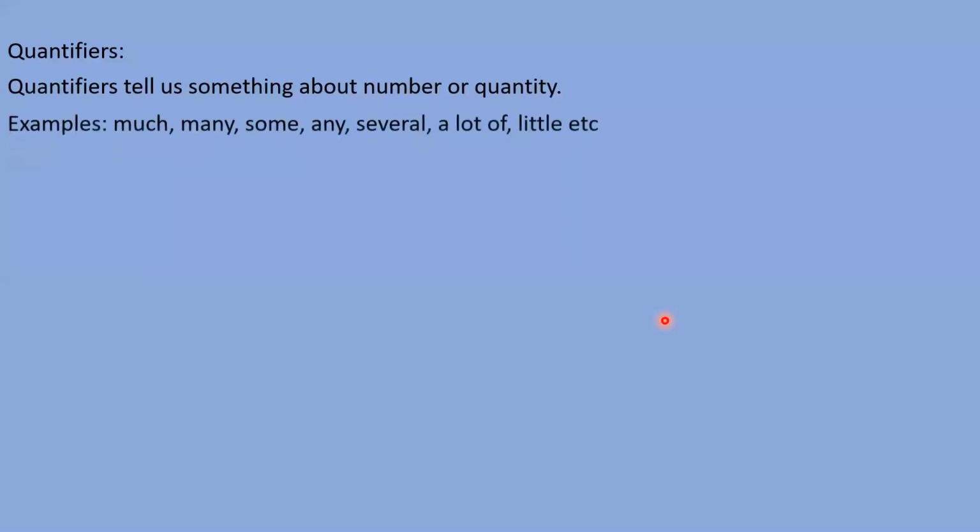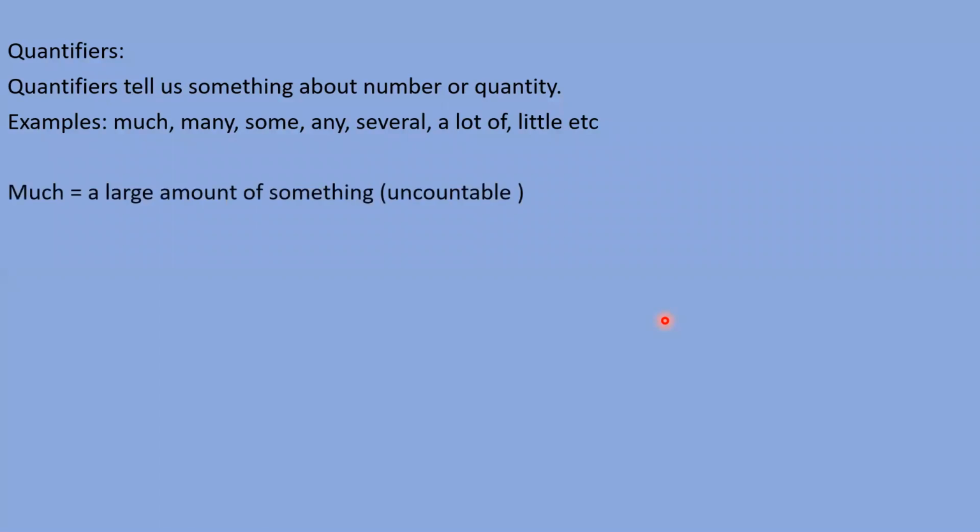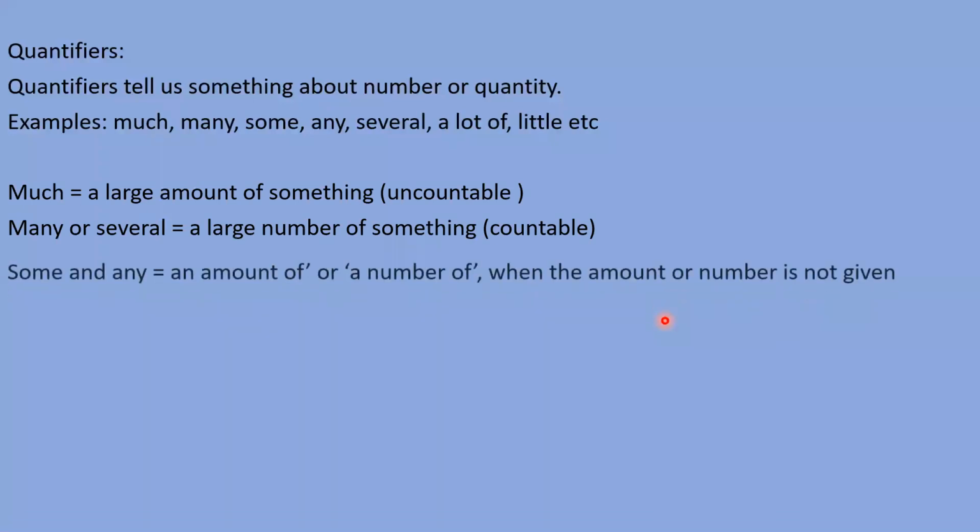Next, quantifiers. Quantifiers tell us something about number or quantity. For example: much, many, some, any, several, a lot of, little, etc. Much means a large amount of something. Many or several means a large number of something that is countable.